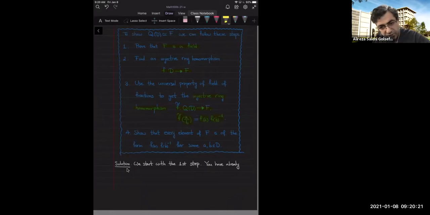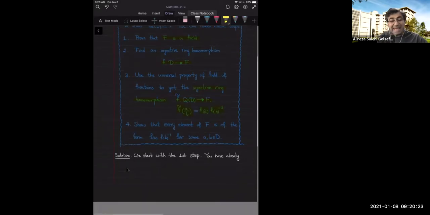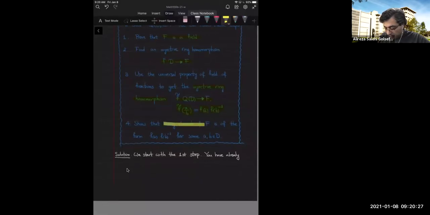Then finish it off by showing that every element of the ring F is indeed of the form f of a times the inverse of f of b for some a and b. So the fourth part tells us that f tilde is surjective.